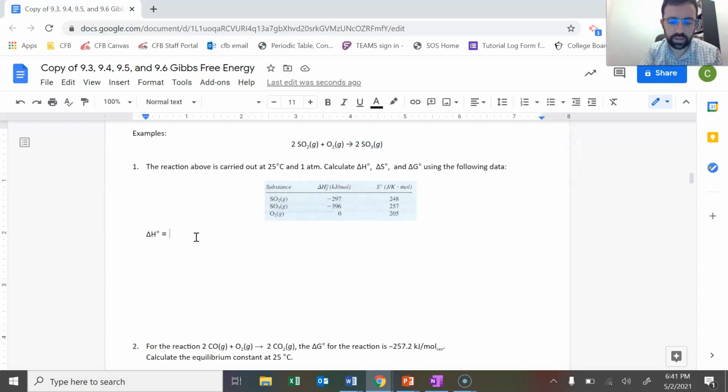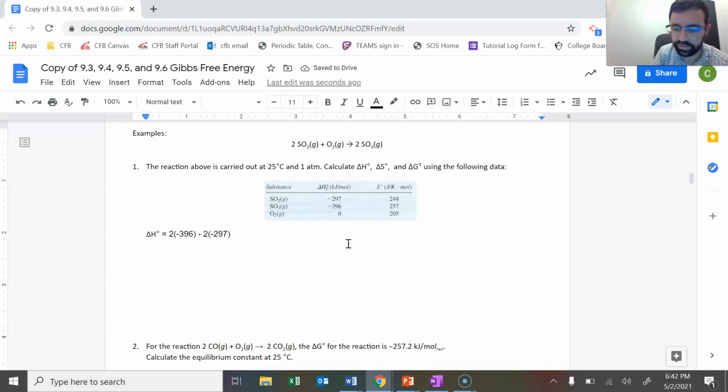So I have 2 times, for SO3, delta H of formation is negative 396, minus the reactants. And my reactants are 2 SO2 and oxygen. Well, oxygen is 0, so I could actually leave that factor out. So 2 SO2 is going to be 2 times negative 297.